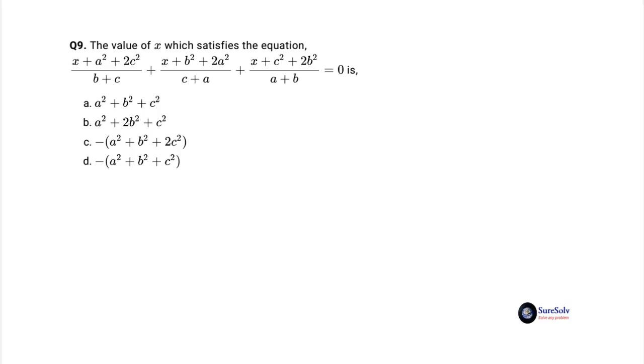With this clear goal now, it is quickly discovered that if we add B square minus C square to the first numerator, it would become X plus A square plus B square plus C square. That is, X plus A square plus 2C square plus B square minus C square equal to X plus A square plus B square plus C square.